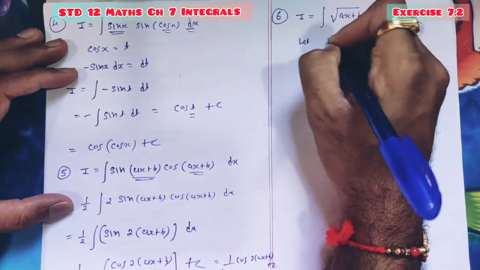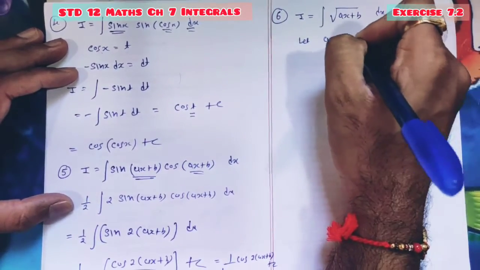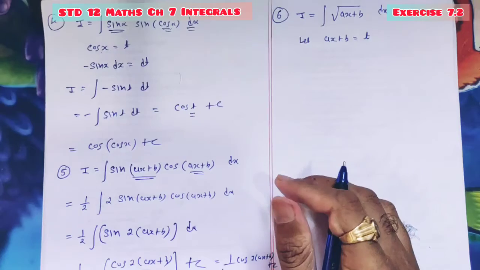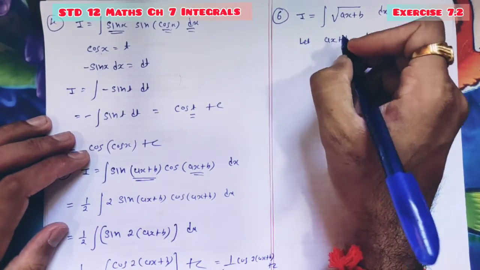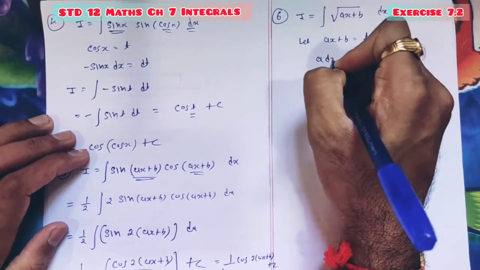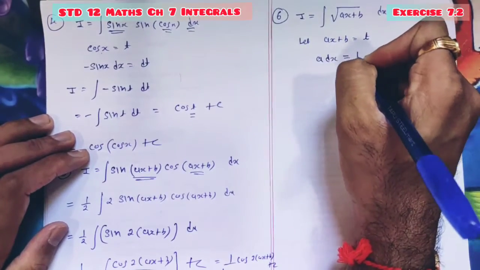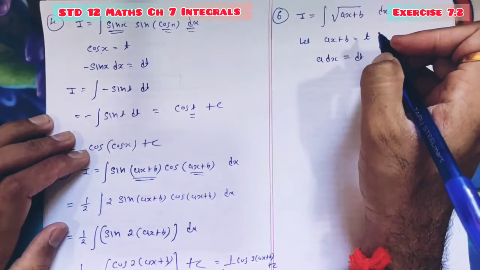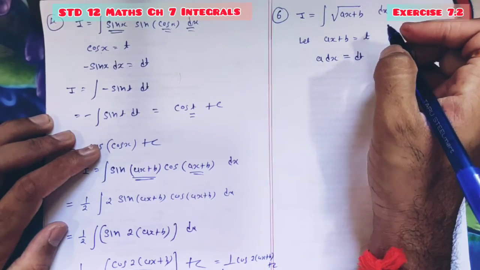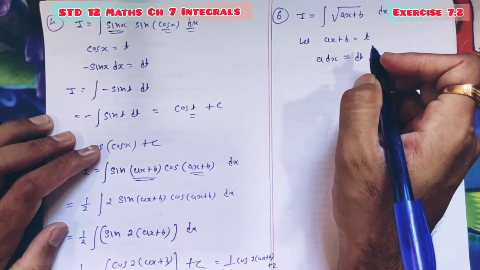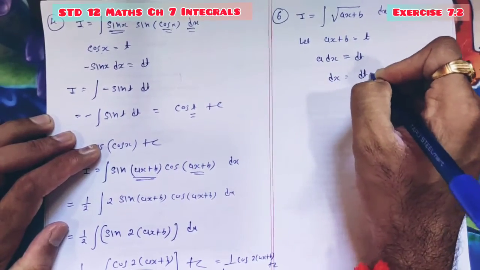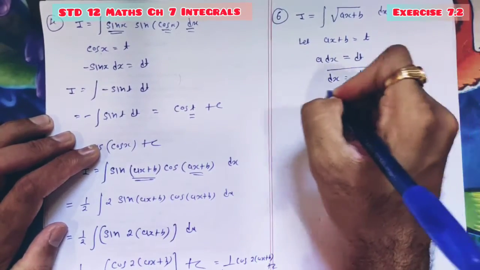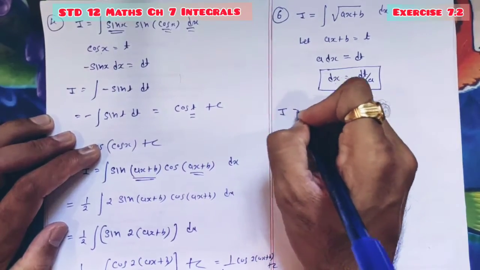So let ax plus b equal to t. Differentiation on both sides. So a dx plus 0 equal to dt. So now we can write this dx as dt by a.